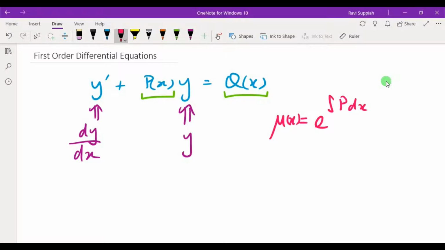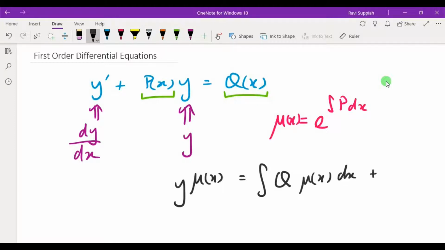Once you can solve for mu of x, you can write the final expression as y mu of x equals the integral of q mu of x dx plus c. So these are the three steps that you need to follow in order to solve a differential equation.